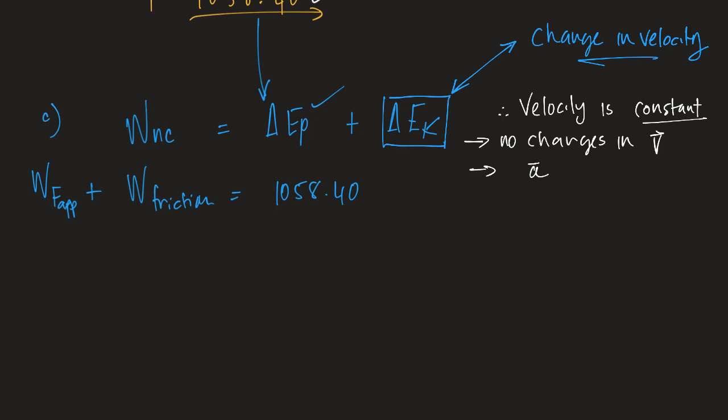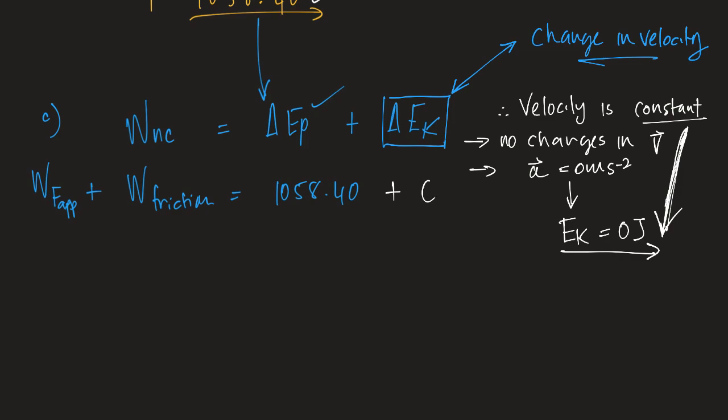Also, my acceleration is equal to 0 meters per second squared. So under these conditions, my kinetic energy is going to be equal to 0 joules. If the velocity is ever constant, then EK has to be 0. So in my formula, plus 0.